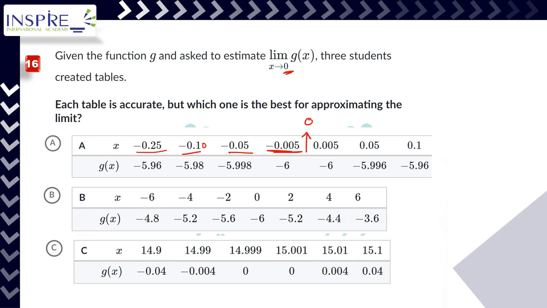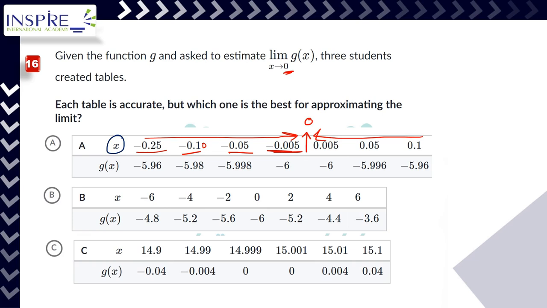Okay, 0 is here, and these numbers are getting closer to number 0 from the left side, the same from the right side. This is 0.1, 0.05, getting closer. What about the value of the function? At first I don't care about the value of the function, because if both sides head to different numbers, the limit doesn't exist, but the table helped us to find the limit. So I care only about the x values right now to guess the limit.